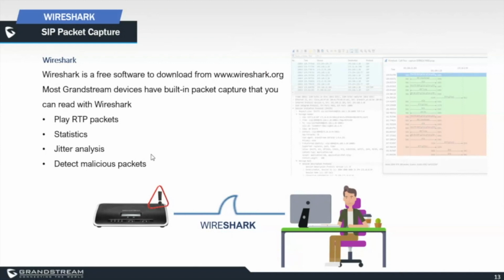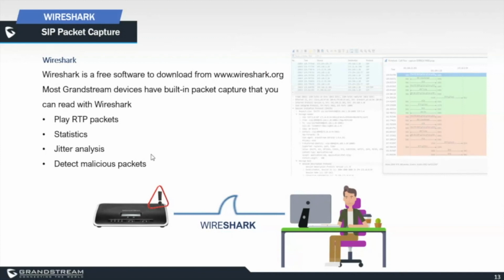With regards to VoIP, you can use it to play the RTP packets. Like if you capture packets using a specific codec like G722, you can actually have access to the voice packets and play them again. You also have access to statistics about the call. In case you run into jitter issues, you can use Wireshark to analyze jitter and see what is the source of the jitter.